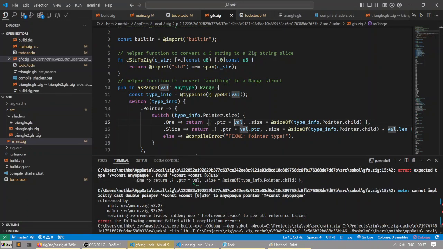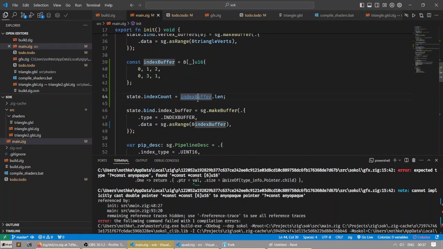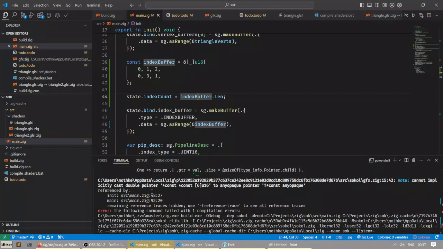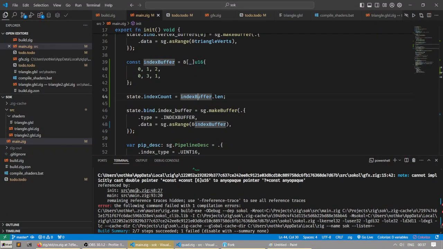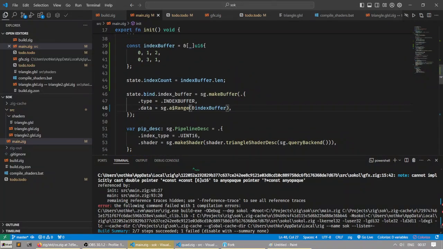Cannot implicitly cast double pointer to any opaque. What? Who says that? Referenced by index buffer. U16.